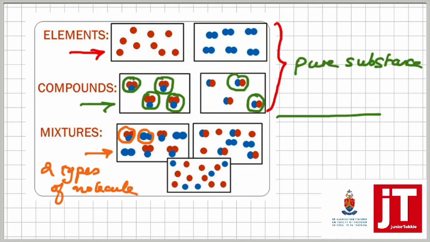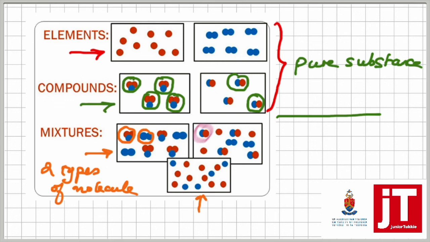If we look at this example over here, there's two different types of atom that are not bonded together. So these atoms here are not bonded together, two different types of substance. And likewise, over here, we've actually got more. We've got about 4 different substances in the final example here of a mixture.